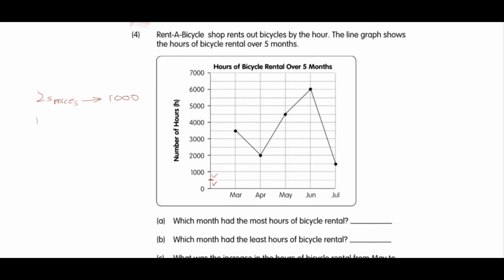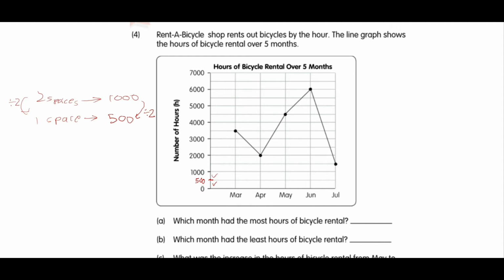So one space will represent a value of 500 because 2 spaces is 1,000. So to find one space, we take 1,000 divided by 2. We will find that one space has a value of 500. So it means that every space there's an increase by 500.